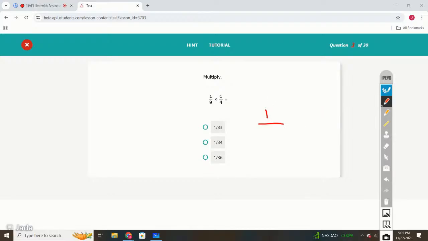So 1 times 1 is 1 and 9 times 4 is, very good, 36 it is. Option number 3 is the correct option, that is 1 by 36.